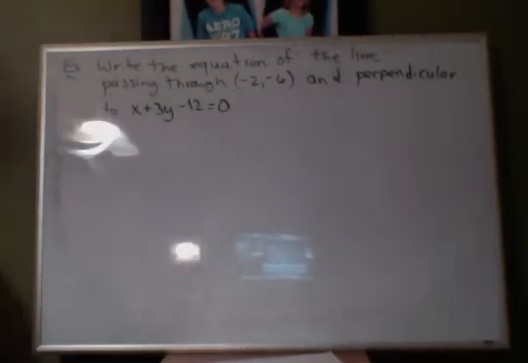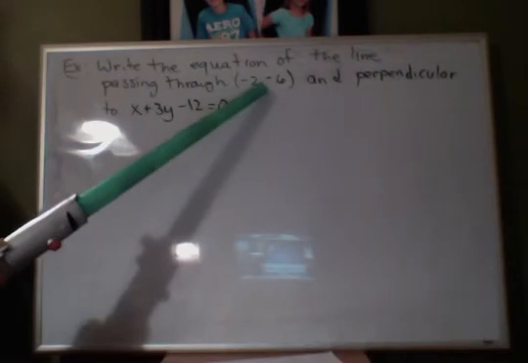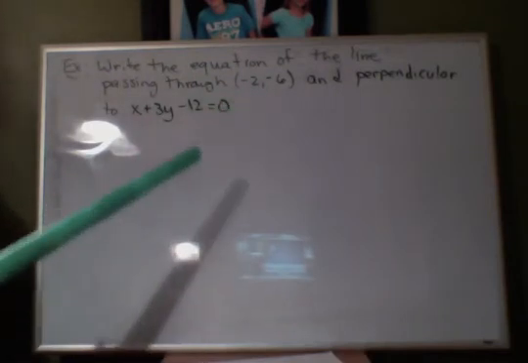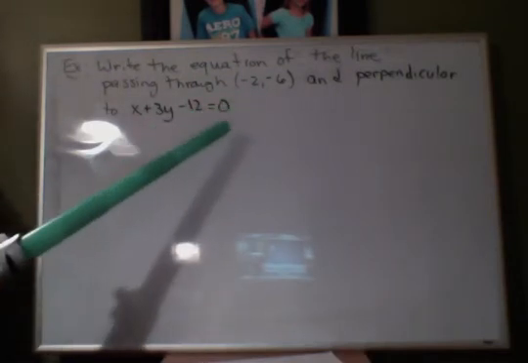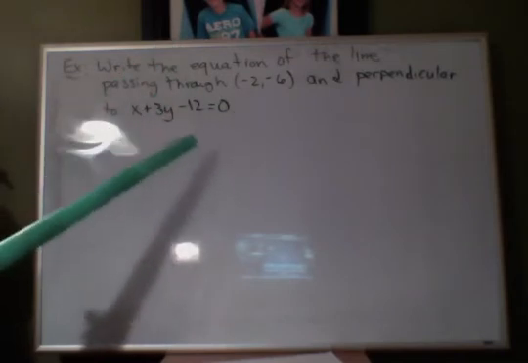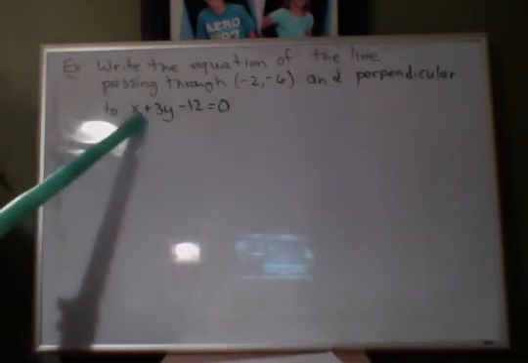Okay. So again, in order to write the equation of a line, we need a point, we need a slope. We have a point, (-2, -6). We have information about the slope, but we don't actually have the slope. In fact, we know it needs to be perpendicular to this line.